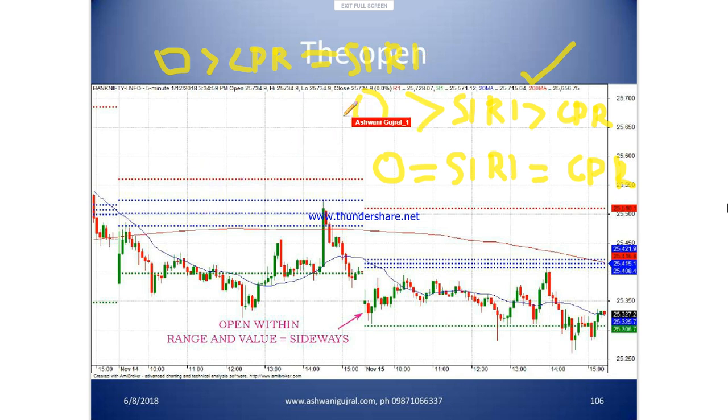So maximum opportunity is here, where we are opening with great amount of force. Minimum opportunity is here, where the open is very mild and it's not even touching S1 R1, not even coming out of CPR, and this is medium opportunity. Remember what we talked about, low, medium, high volume. So that is how you decide what kind of volume you have to do based on the kind of opportunity that is there, right?